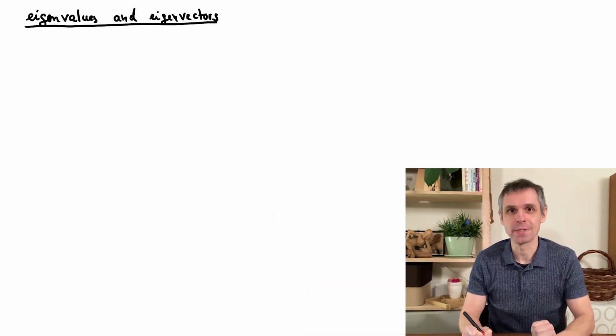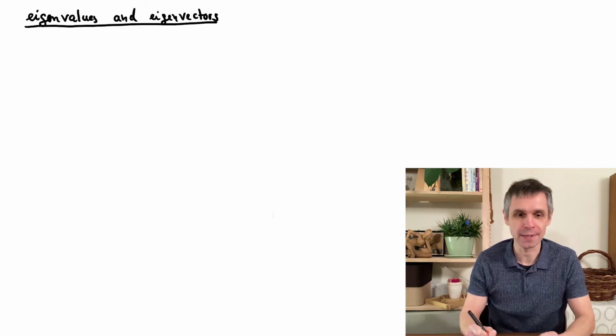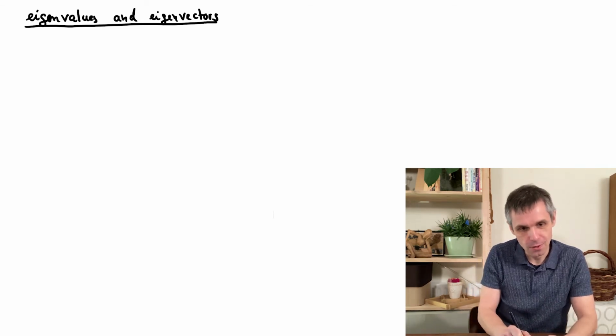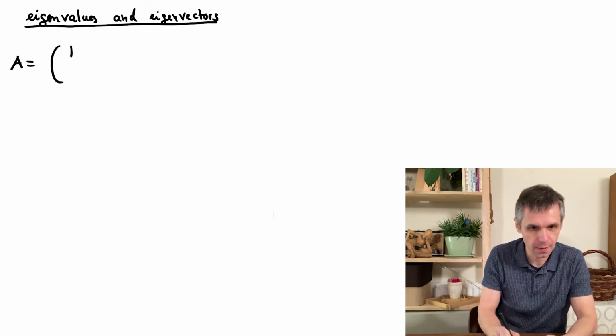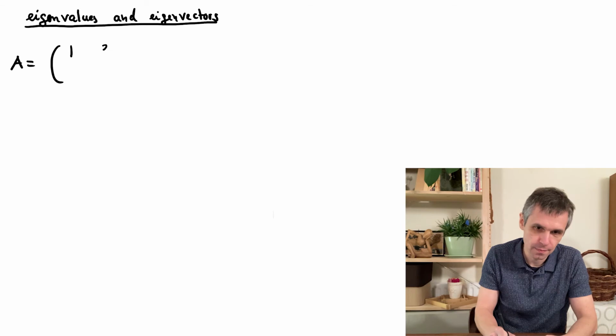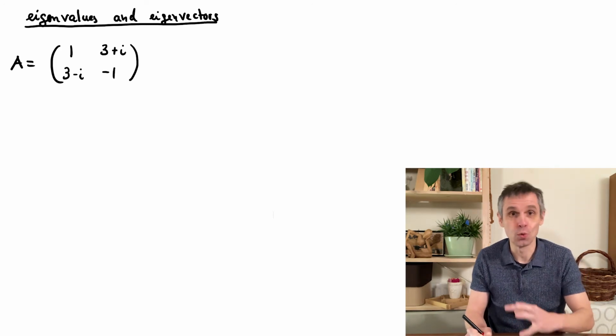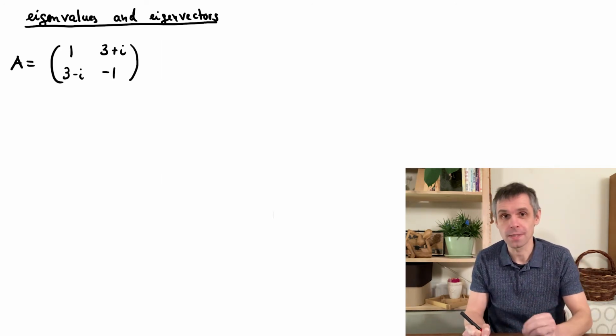So this covers some essential parts about vector products. So let us now turn to eigenvalues and eigenvectors. And let us consider the following matrix. So what are the eigenvalues of this matrix?